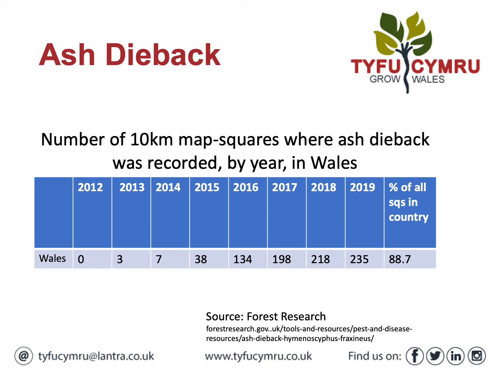So you can see in Wales in 2012 there was no recorded infection, but then in 2013 the first records were found within those map squares, and then you can see the spread from 2013, 14 up to 2019, where 235 of the map squares have got recorded disease, and that actually accounts for 88.7% of the country, which is most of the country that has ash trees. So a fast increase over that 7-year period for the disease.